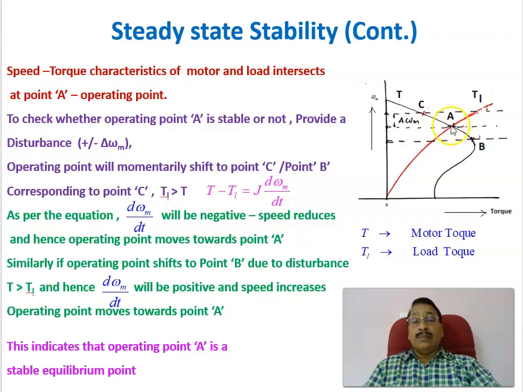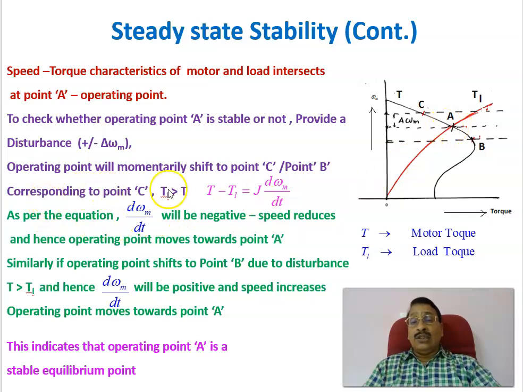If, after providing the disturbance, the point returns back to A, then we call point A stable. The operating point will momentarily shift to C or point B by this variation delta omega: it moves to C for a plus delta omega m, or to B for a minus delta omega m. And if it comes back to point A, we call that point stable.